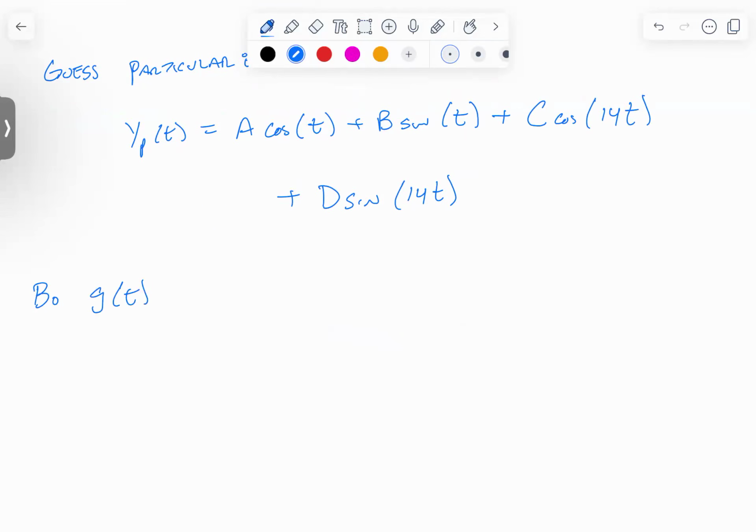For the next one, g of t is e to the 7t plus 6. For this one, the main piece is we have an exponential.